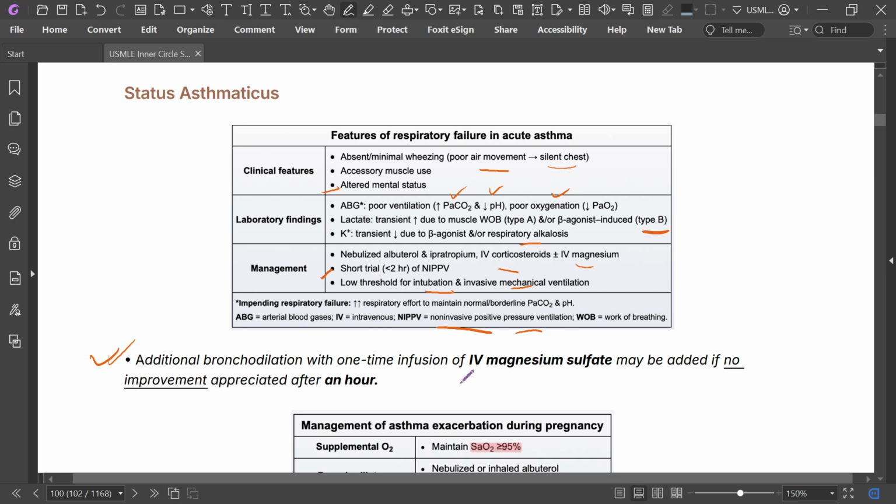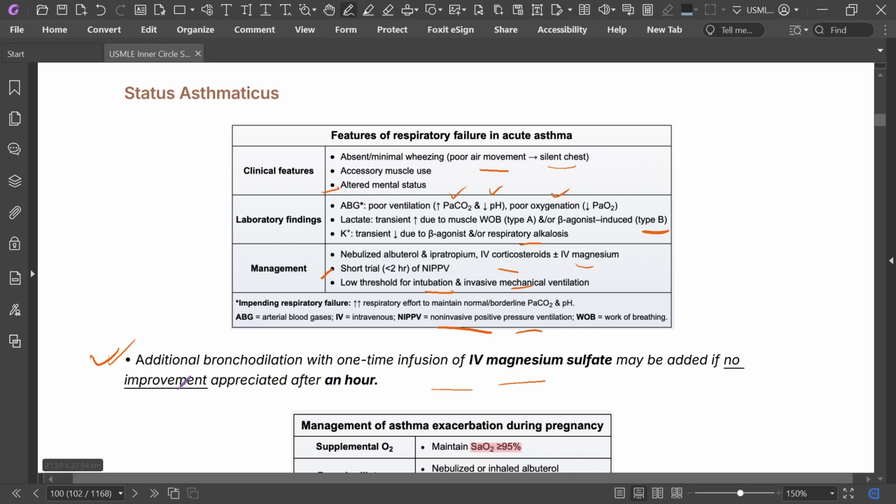Additional bronchodilation with a one-time infusion of IV magnesium sulfate may be added if no improvement is appreciated after an hour.